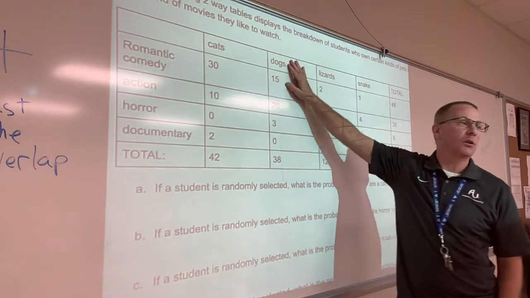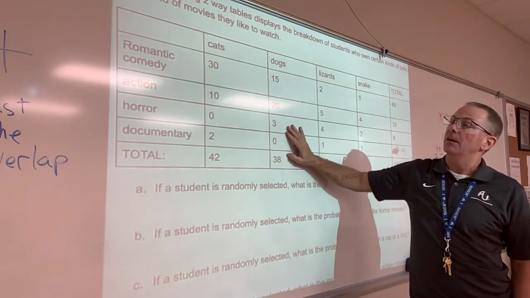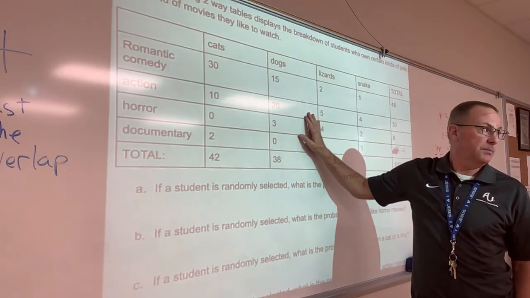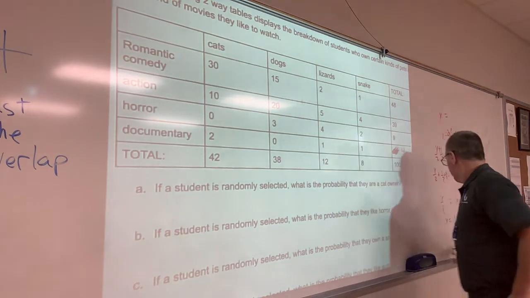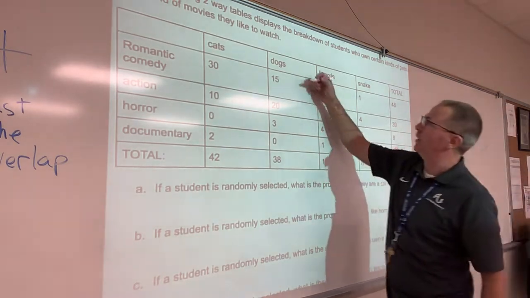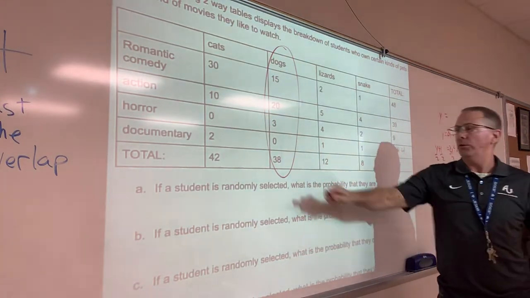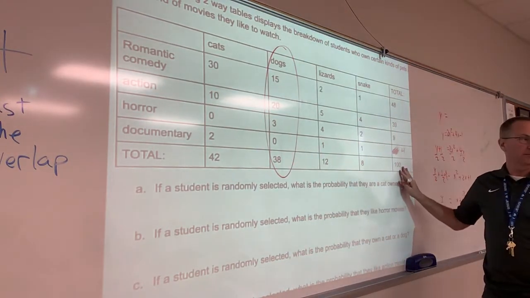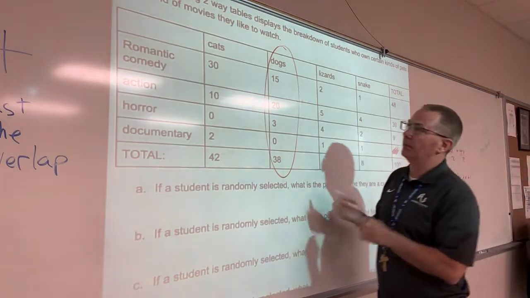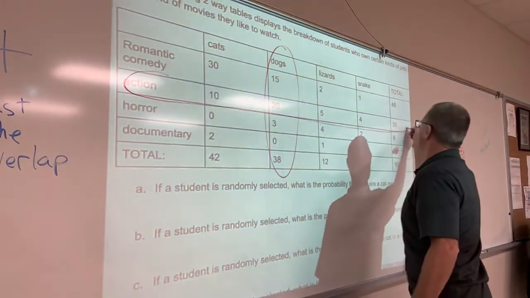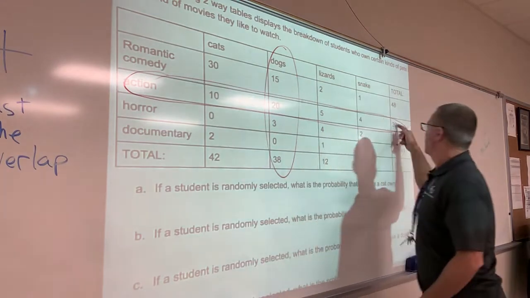The probability that you are a dog owner or you like action movies. So now you are overlapping. Think about what you're doing. The probability that you are a dog owner is 38 out of 100. The probability that you like action movies is 39 out of 100.